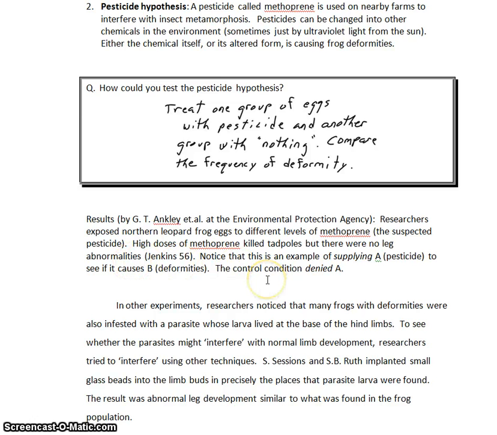So, while there's evidence that these pesticides were toxic to the frogs, they were not causing the developmental abnormalities. And so scientists concluded that the pesticides were not the cause of these abnormalities. And so they needed further research to identify the cause.